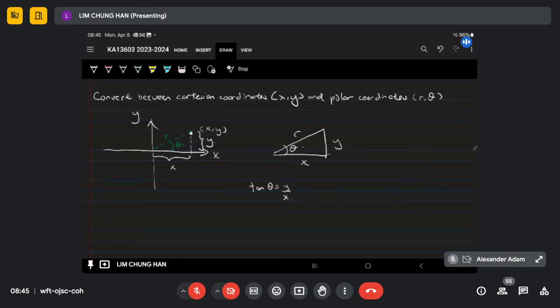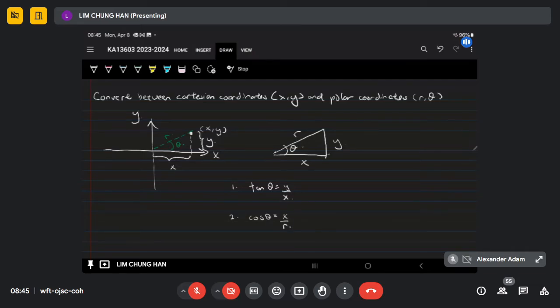That's relationship 1. The second relationship is for cos. What is cos? Anyone? Cos is what? Cos is x over r.